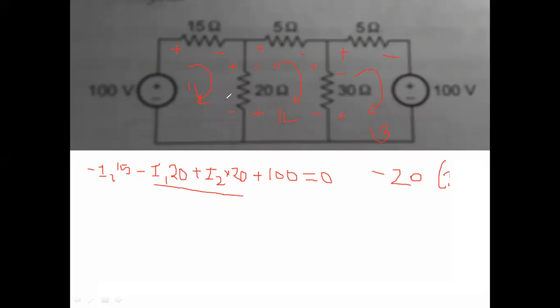For the I1 current we have minus I1 into 20. For I2 it has a plus sign, so we can directly consider plus I2 into 20. Like this we can write the equations.